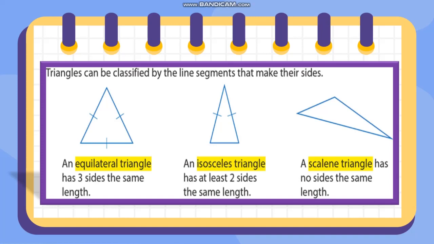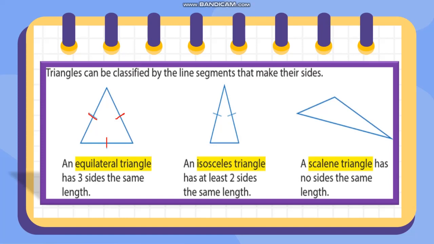Triangles can be classified by the line segments that make their sides. The first one is what we call the equilateral triangle. Without the given measurement, if you see these 3 lines, one on each side, it means all sides are equal.